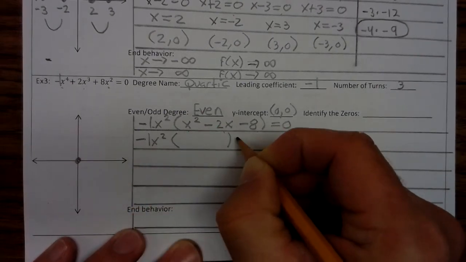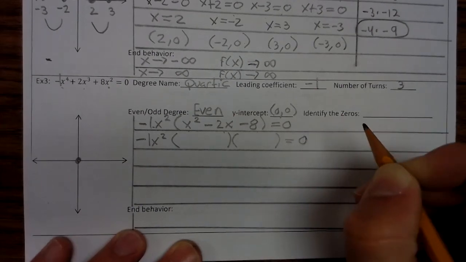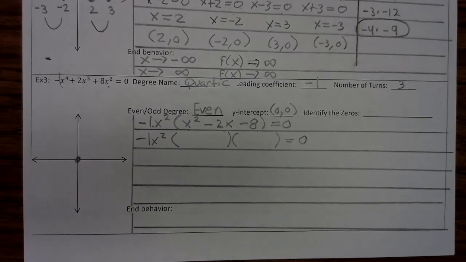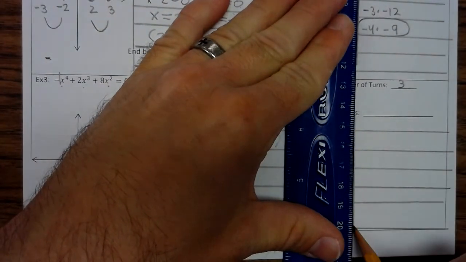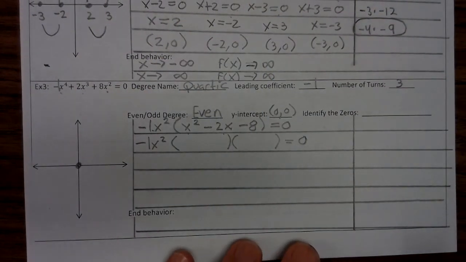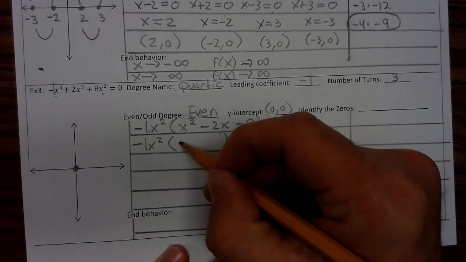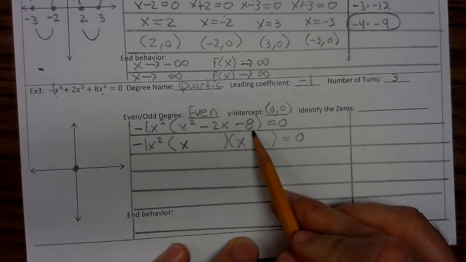Now we need to factor this. We know x and x make x squared. Now we need to find all the combinations that make negative 8.